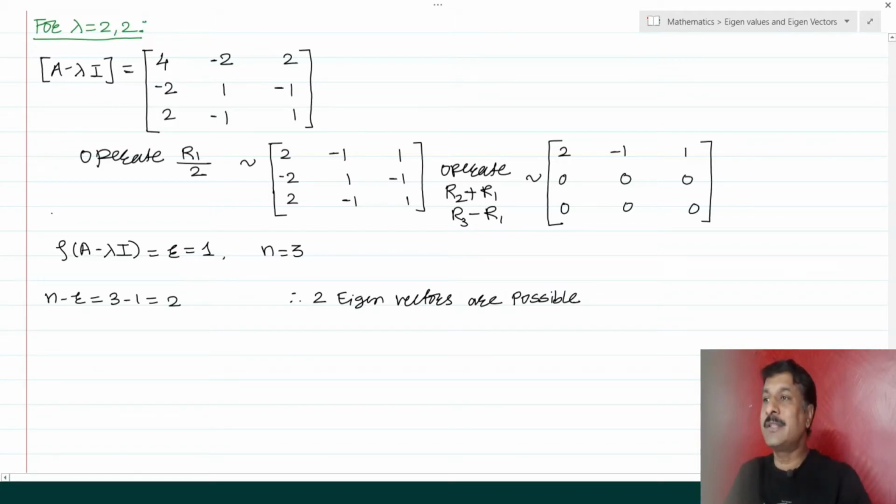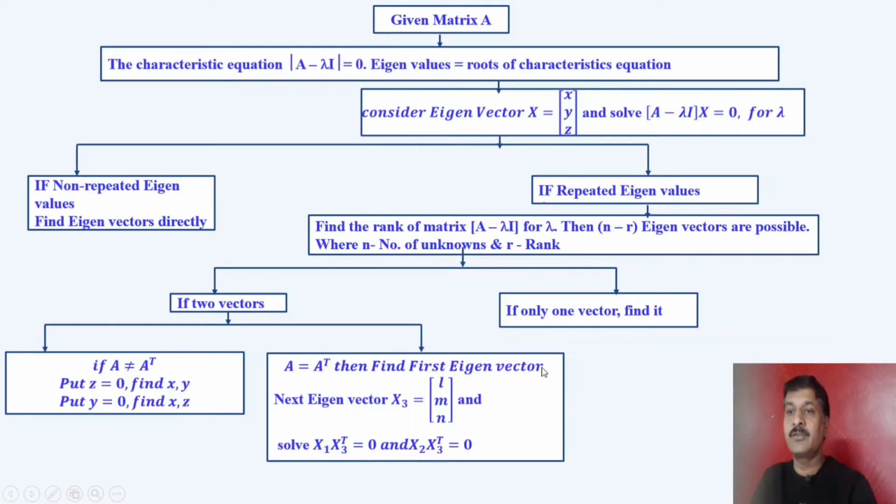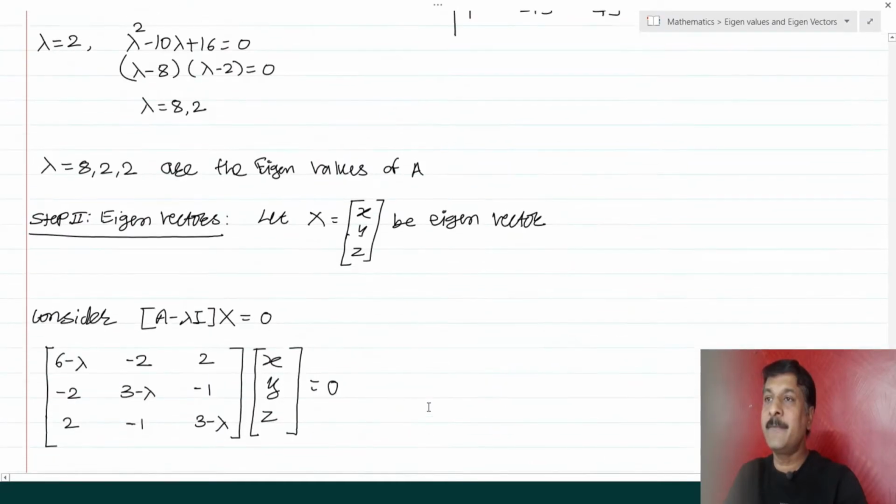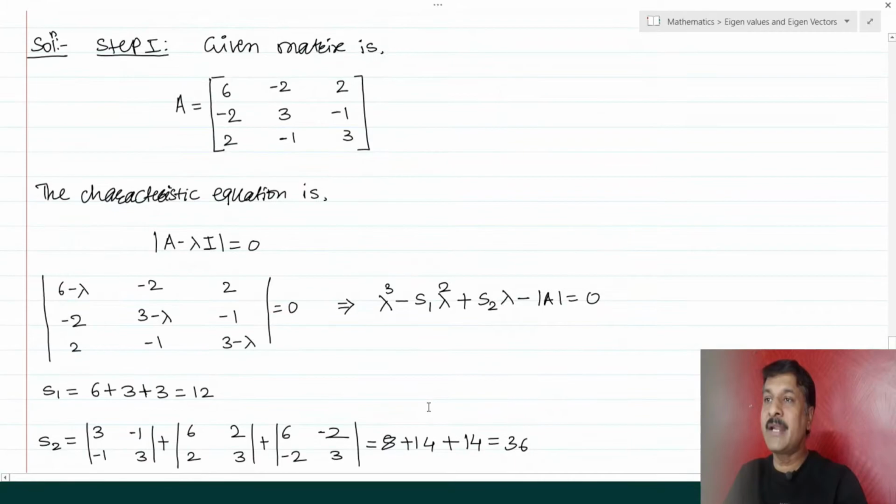Now recall the things again. You must have the theoretical part, how to find eigenvectors if eigenvalues are repeated. If there are two vectors, then we have to check whether A is equal to A transpose or A is not equal to A transpose. You see here, the given matrix is 6, minus 2, 2; minus 2, 3, minus 1.